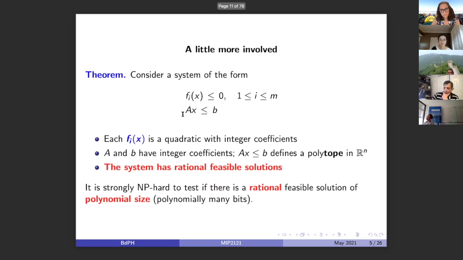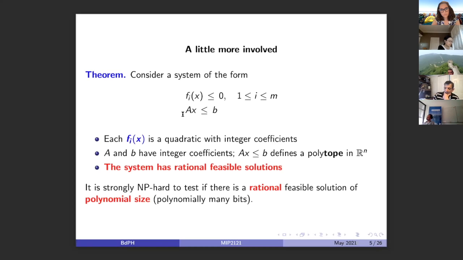Then, unfortunately, it's simply hard to test if there's a rational, feasible solution of polynomial size. In other words, it may be the case that every rational, feasible solution requires exponentially many bits. Or it may not be. We just don't know, and it's hard to test which is the case.